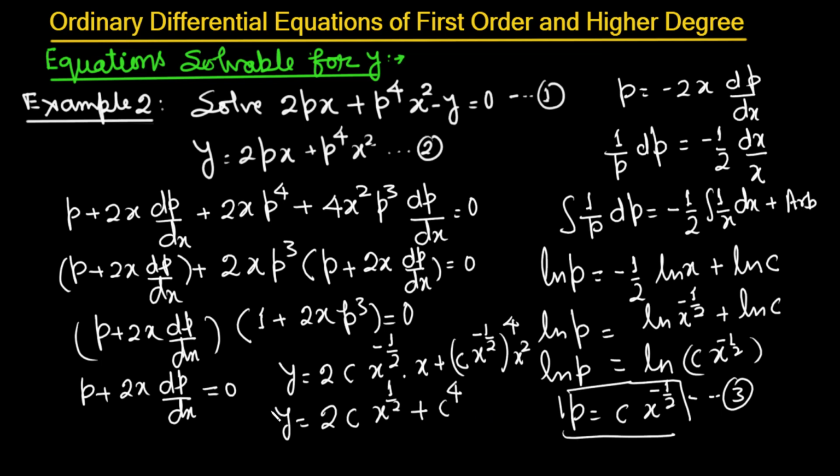So finally we get the solution of the originally given equation as y equals 2c x raised to the power 1 over 2 plus c raised to the power 4.